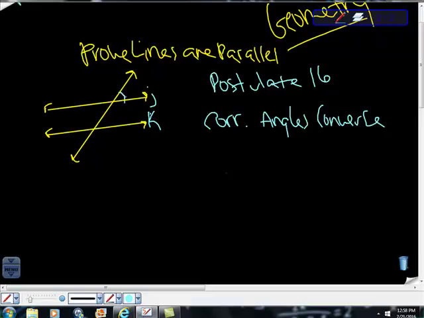So we'll call this angle right here angle 2, and we'll call this right here angle 6. Like we learned in the last few videos, these angles are corresponding because angle 2 lies right on top of line J, and angle 6 lies right on top of line K, and they also both lie on the same side of the transversal.